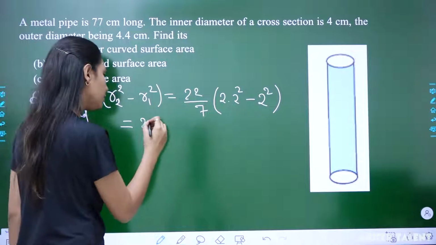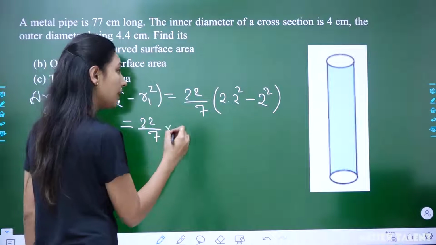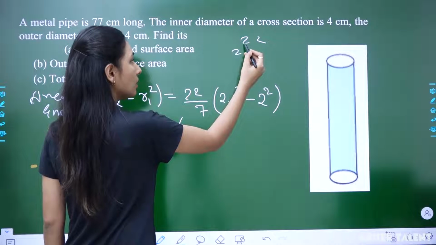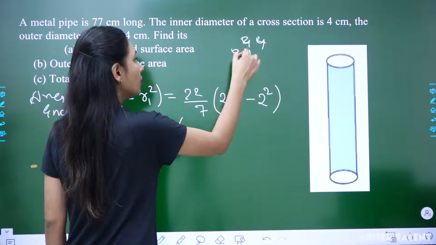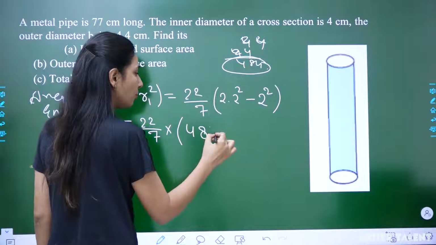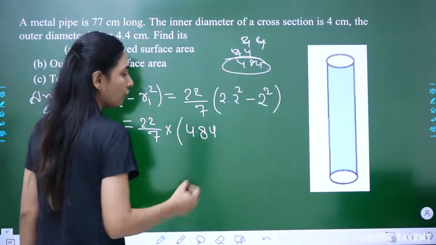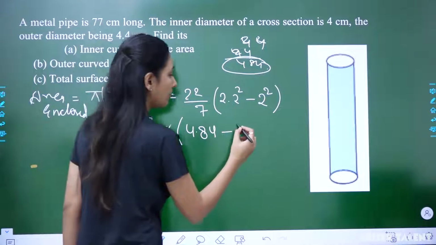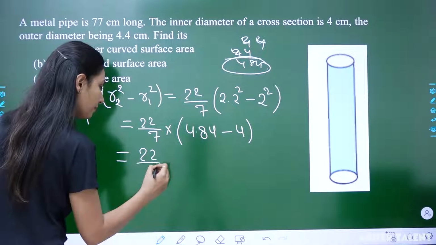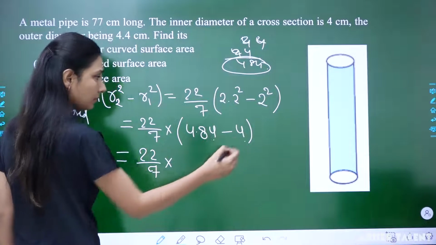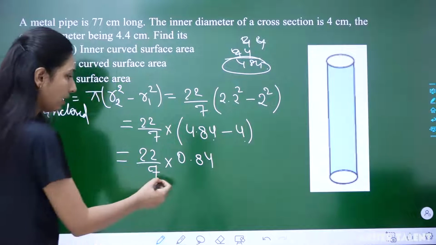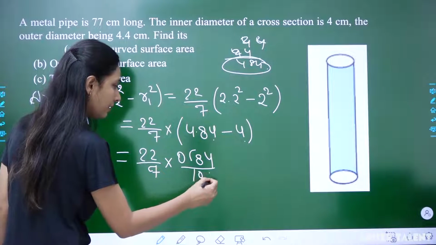It is going to be 22 by 7 multiplied by 2.2 whole square. Now, 22 into 22 gives 484, or you can simply say 4.84, minus 4. That is going to be 0.84.